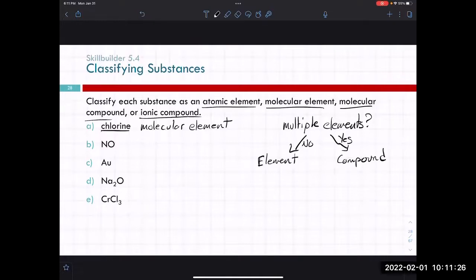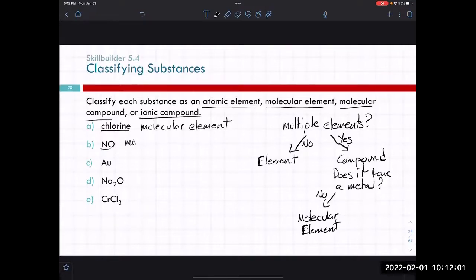Neither nitrogen nor oxygen is a metal, so it's a molecular compound. Sorry, something felt off about that. Okay, so if it's a compound and the answer to does it have a metal is no, then it's a molecular compound.